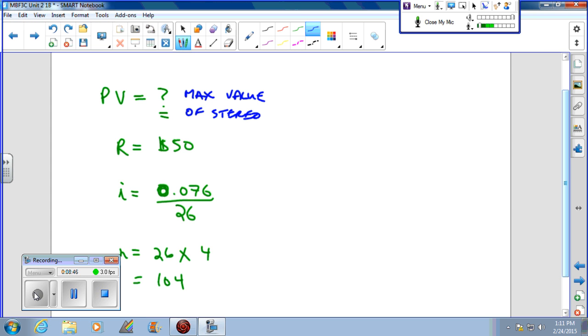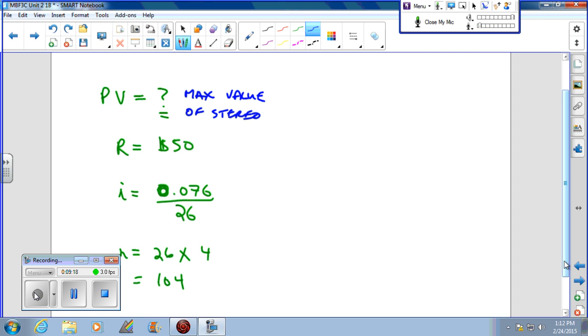That's just the upper limit of how much she can spend and only be paying $50 bi-weekly. If she sees a stereo that costs more than that, then she's going to have to do something. She'll probably have to see if she could pay $51 or $52, or maybe negotiate the price down a bit. But she could buy a stereo that's half the cost of the PV, and then she doesn't have to put quite as much away.